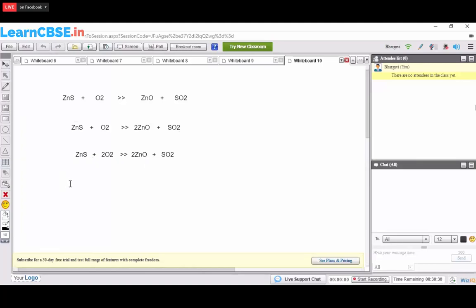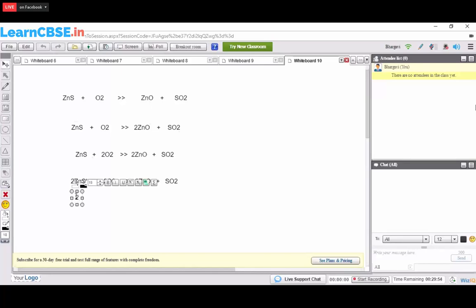So now we have to place the 2 in front of this zinc sulfide. 2ZnS plus 2O2, which gives 2ZnO plus SO2. Okay. So now 2 zinc, and also it is 2 zinc. Okay. Then comes to the sulfur. So here it is 2 sulfur and here it is only 1 sulfur. Okay. So we have to place the 2 in front of the sulfur.